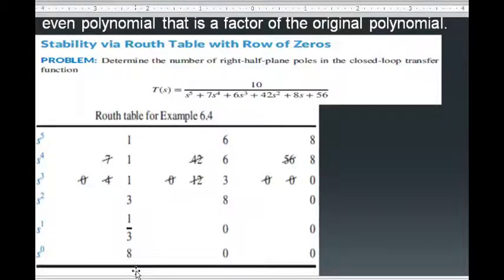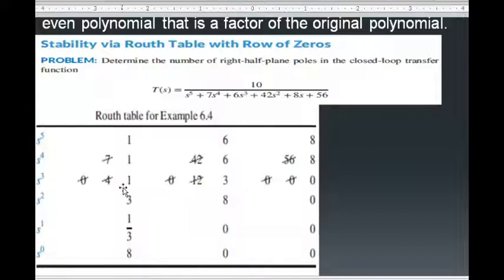All right. In the simple case, if any row becomes 0, okay, you just look at the row above it and write the polynomial for that. Once you differentiate that, you get the polynomial of degree S cube, the degree of the row which is 0. So you write the coefficients of that here.